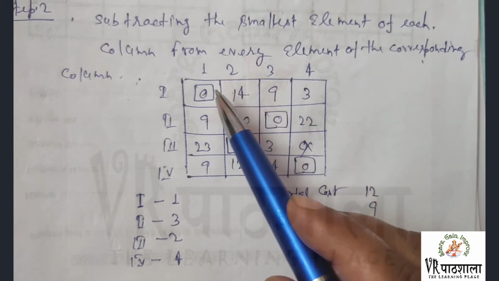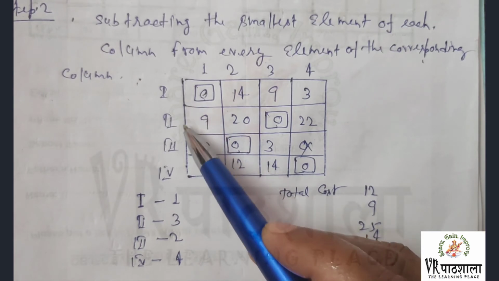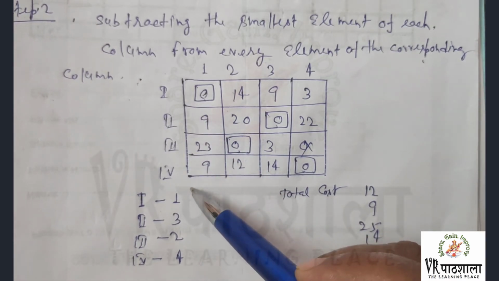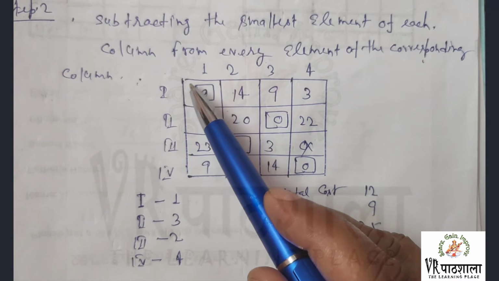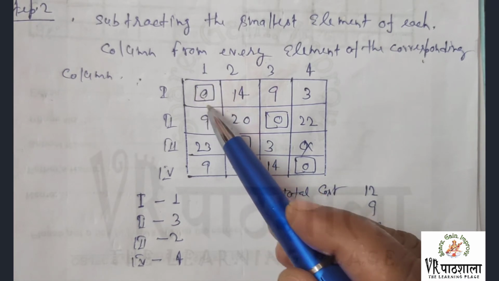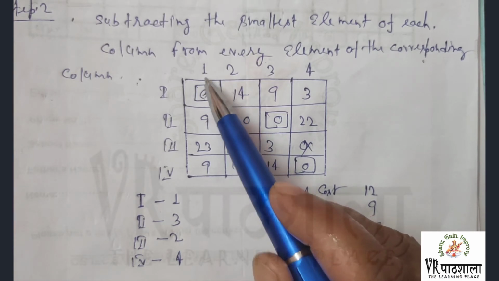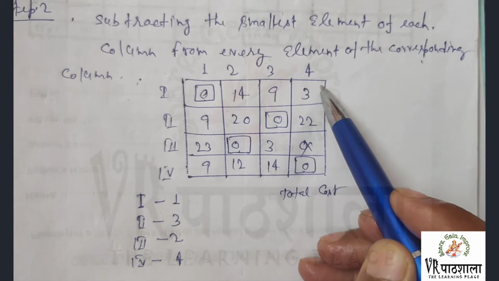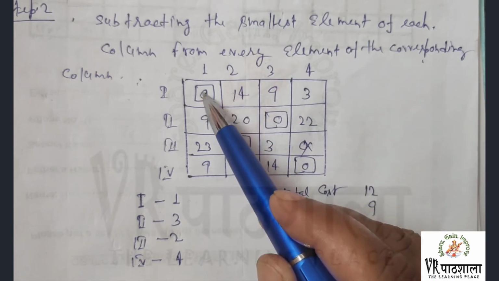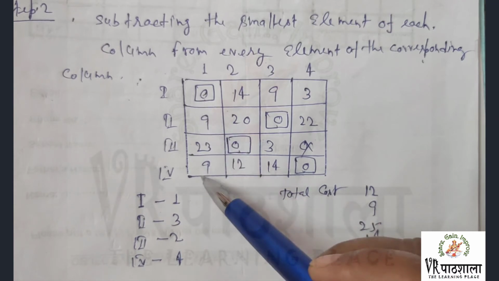So we take the first row, then either the second row or the fourth row. Here we make the assignment on this 0. Now if this row contains any other 0, we cancel it, and if the column has any other 0, it is also cancelled.